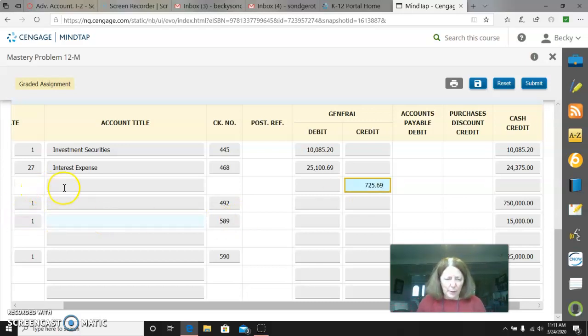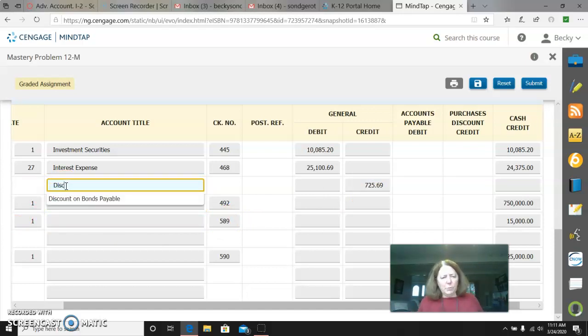And what that is, if I'm making an interest payment, is definitely a discount on notes payable. And the reason I know that is because discount normally has a debit balance, and when I make the interest payment, I'm amortizing it, reducing it. So to reduce with a credit, it would have had to be a discount initially.